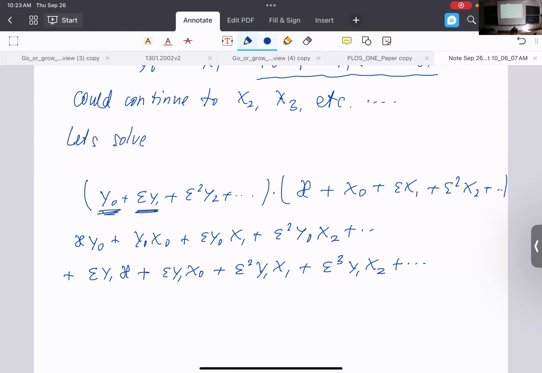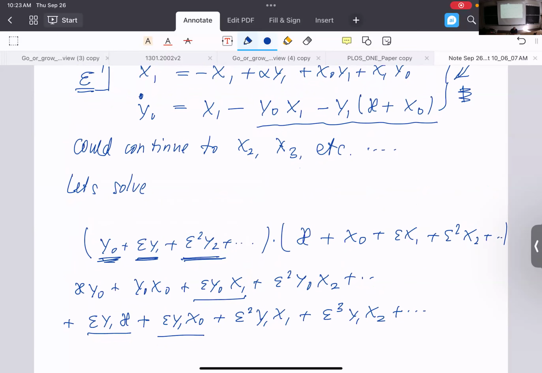So now I used the epsilon y1 term. And I'm not bothered about epsilon square because this is epsilon square. Okay, and now for all those terms which have only one epsilon, which is this one, and this one, and this one. Okay, and these are the terms, I hope, which I had here.